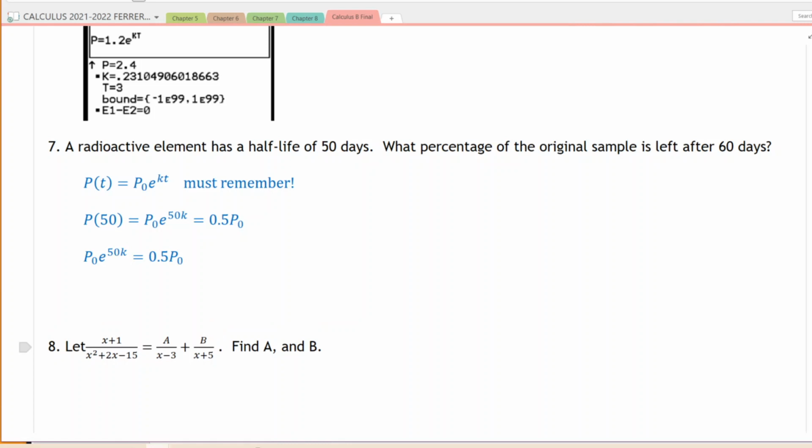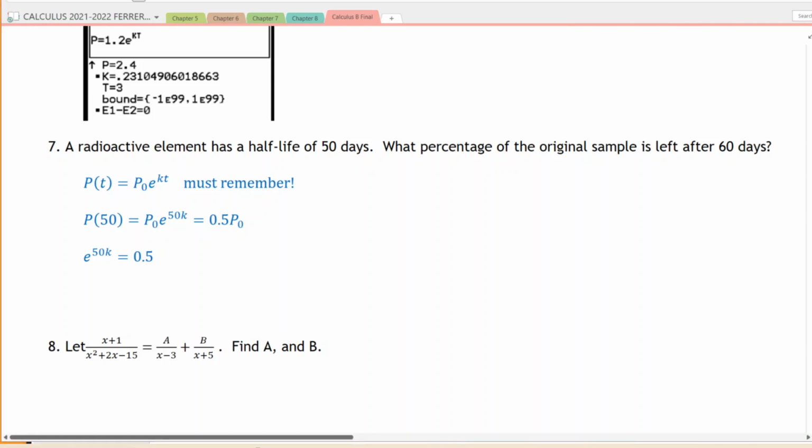Now I know this is a calculator problem, so you're probably itching to use your calculator. I want you to notice that the P naughts in this equation can actually be divided out. And we now have an equation which is really going to be good for us to put into our calculator.